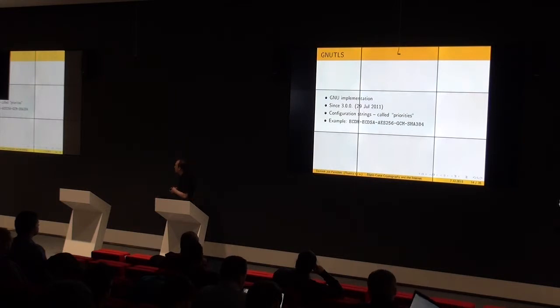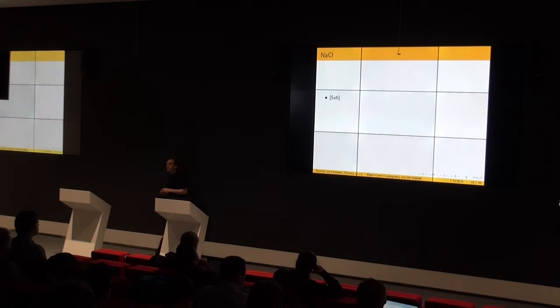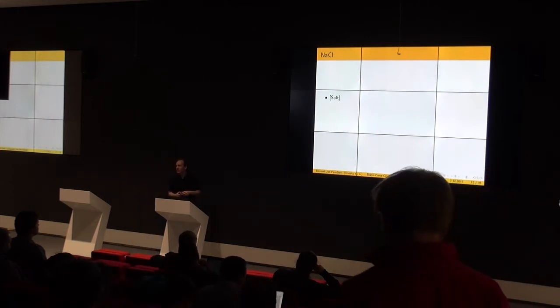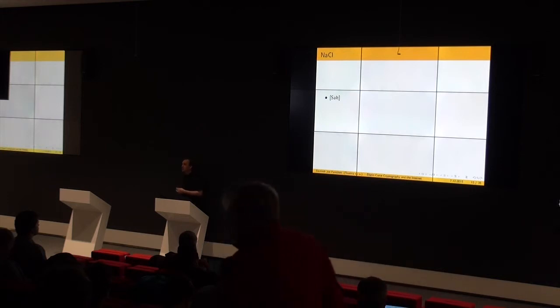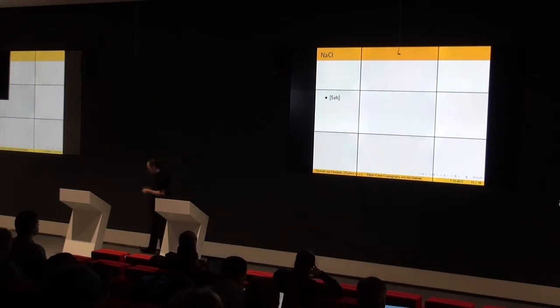That's a good point. Let's get to salt. NaCl, pronounced salt. I was happy to see Philip mention that because nobody knows it. It's a cryptography primitives library developed by Daniel Bernstein, and its focus is on using strong cryptography properly.